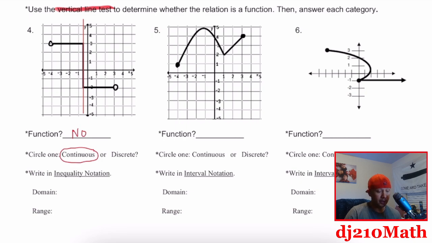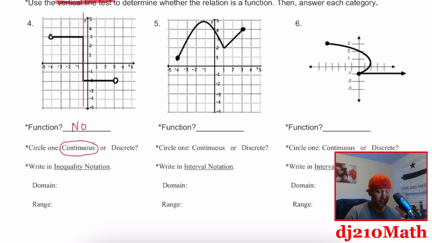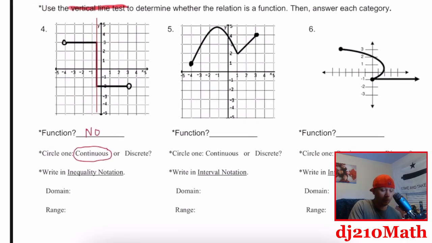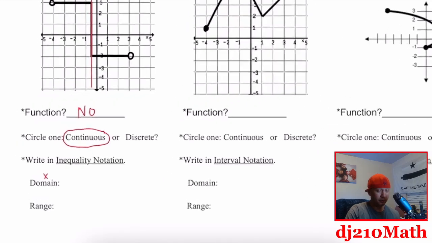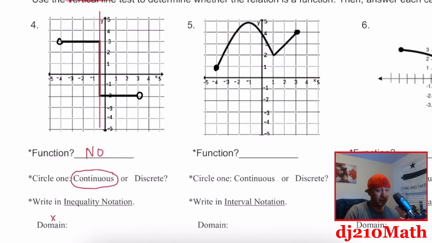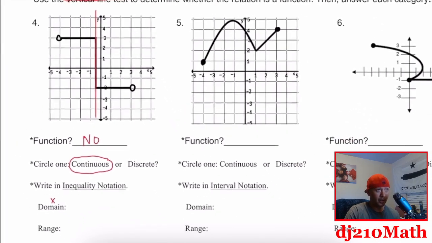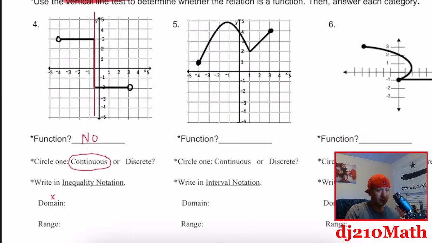And if I do this as an inequality, so remember, domain, inequality, the x's is what we're talking about. What is the smallest value that x could be? So the smallest value for x is -4. But there's an open circle at -4. It can't actually be -4, but that's like the stopping point. So we say strictly less than.